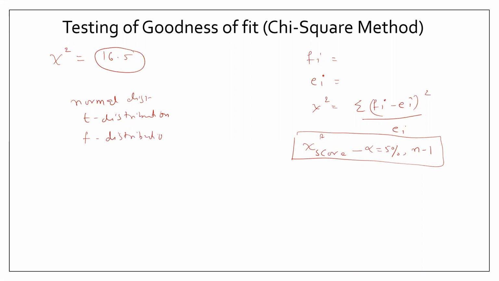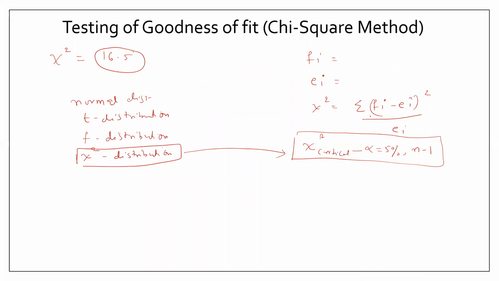Now I am introducing you to the chi-square distribution table. This table will help us get the critical value of chi-square, the chi-square critical value.